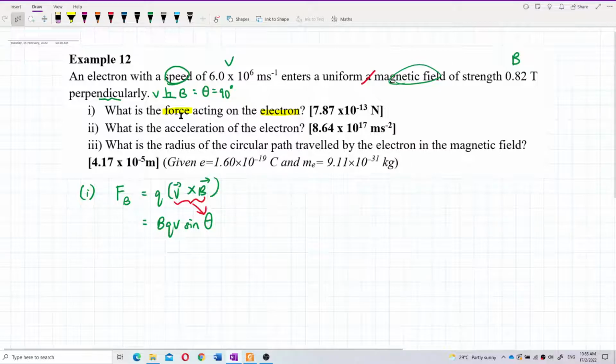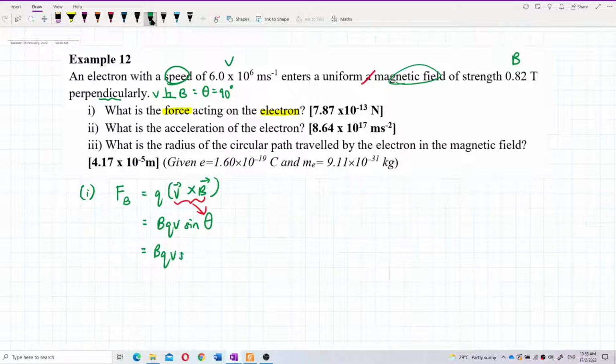So it's BQV sin 90, and sin 90 is equal to 1.